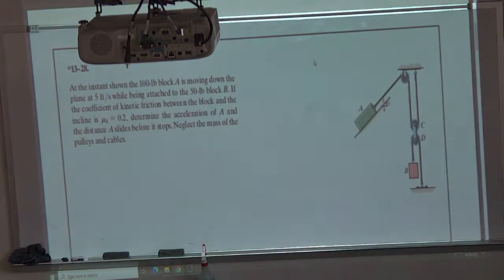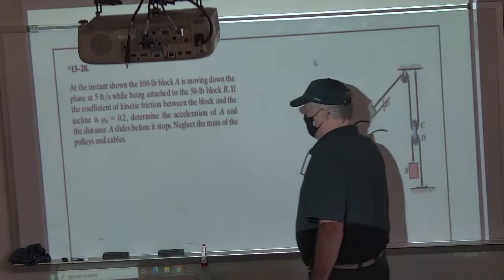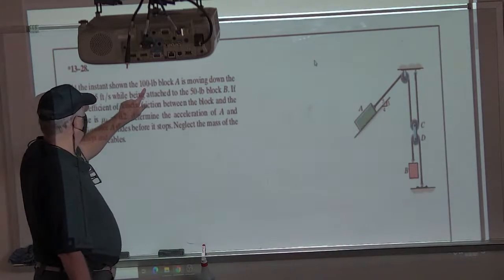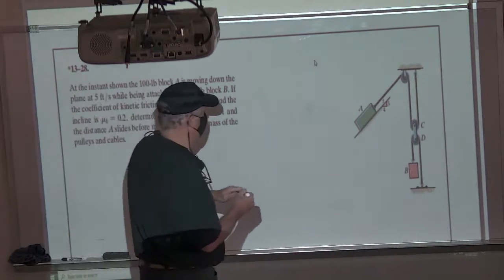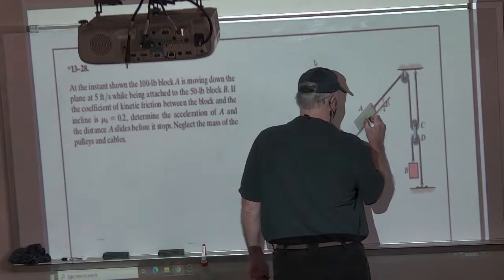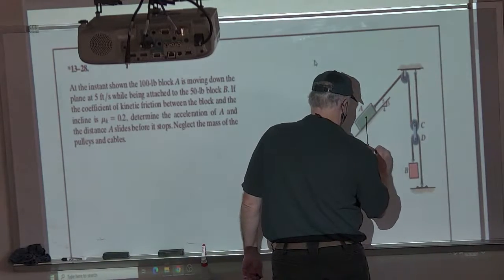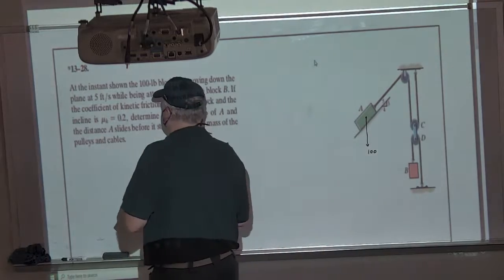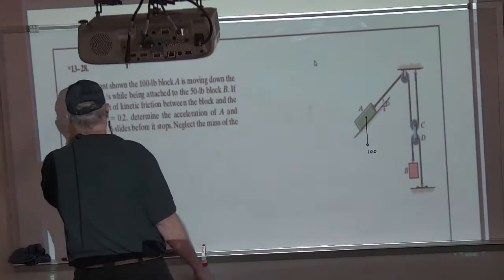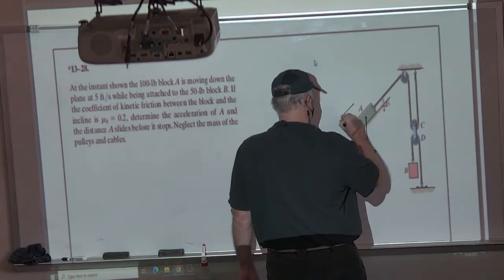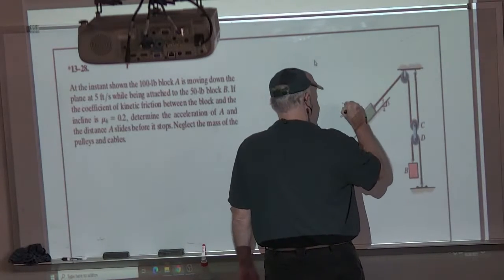Okay, so let's look at this problem. It says at the instant shown, the 100-pound block A is moving down the plane at 5 feet per second. Okay, the board's not dry.